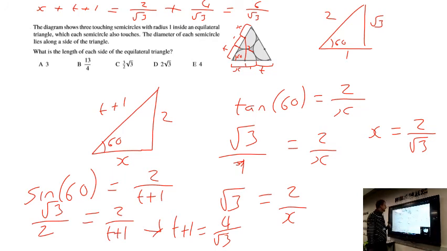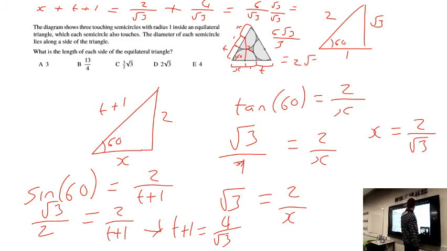You multiply the top and the bottom by square root of 3. Square root of 3 times square root of 3 is equal to 3. So we have 6 square root of 3 over 3. 6 over 3 is 2, so this is equal to 2 square root of 3.